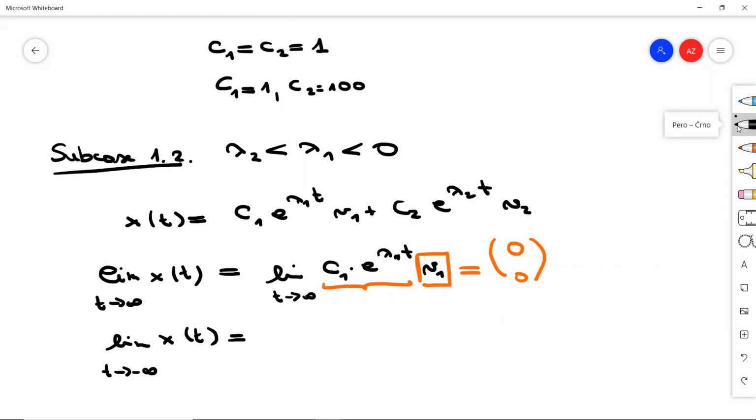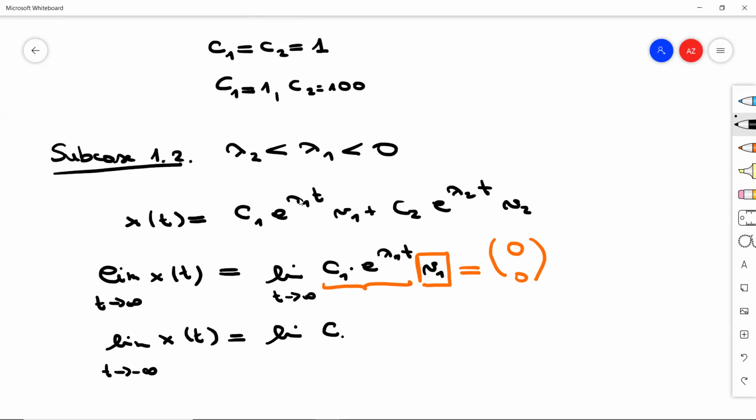While in the other case, when t goes to minus infinity, the situation will be vice versa. So this part will prevail because lambda 2t will be more positive. Lambda 2 is negative and t is negative, so lambda 2 times t will be positive, and in absolute value, lambda 2t dominates lambda 1t.